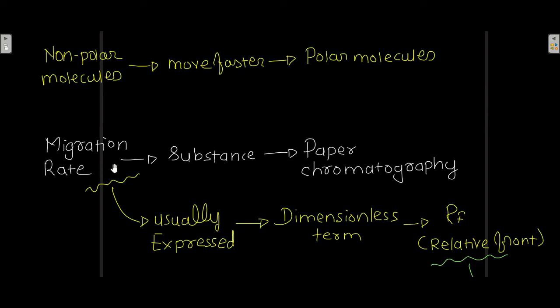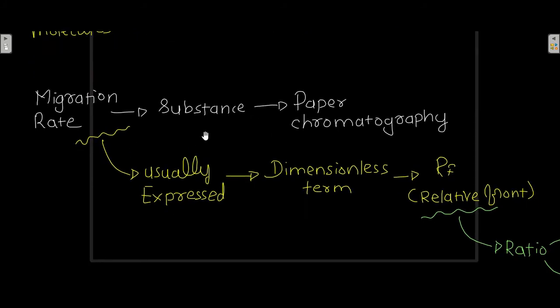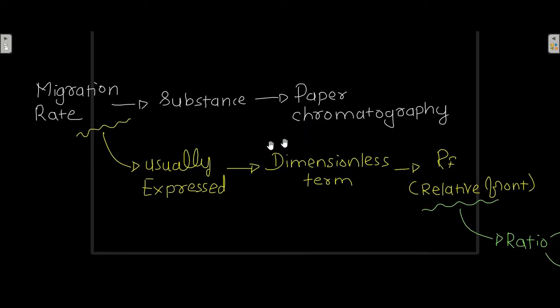The migration rate of a substance during paper chromatography is usually expressed by a dimensionless term known as RF, relative front.